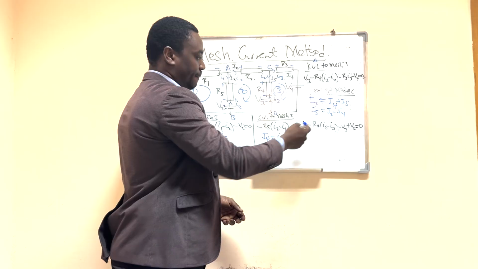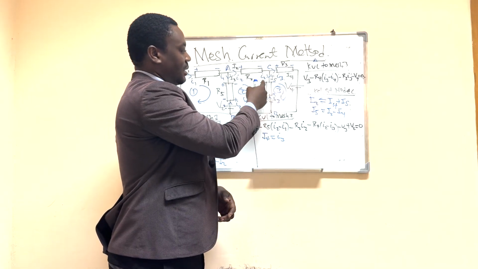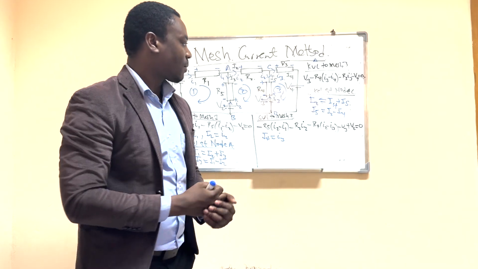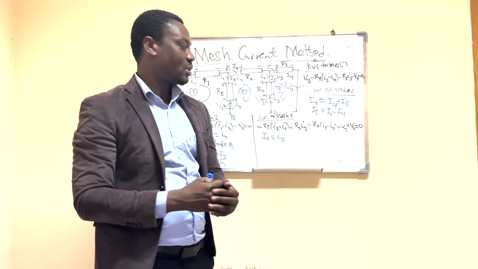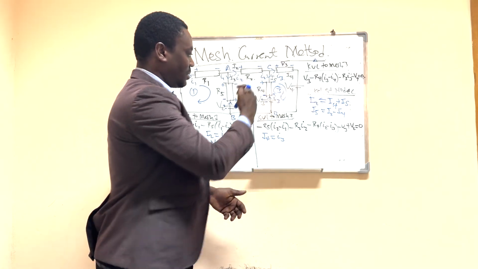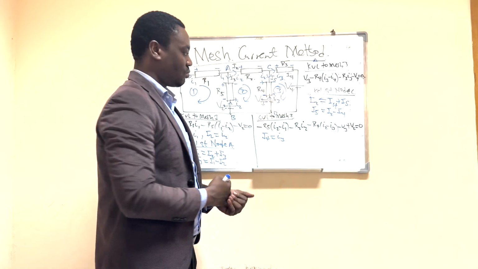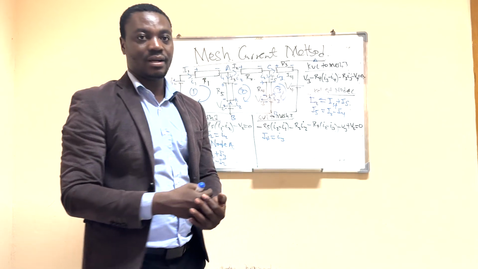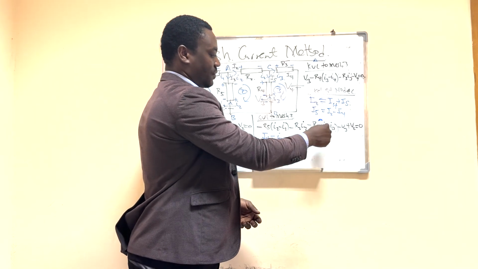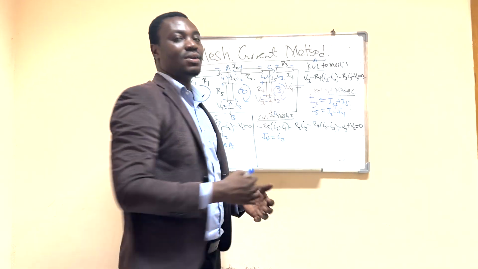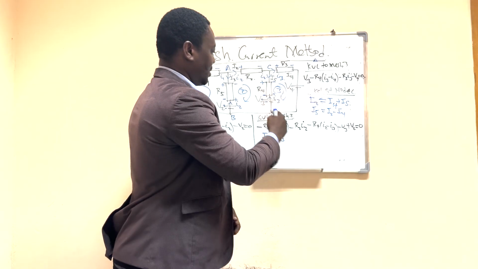Then we come here. Again, you can see R4 here. Mesh current I2 is going through it, as well as mesh current I3. Again, we are in loop 2, so mesh current I2 is the dominant current, so we get minus R4 times I2 minus I3.